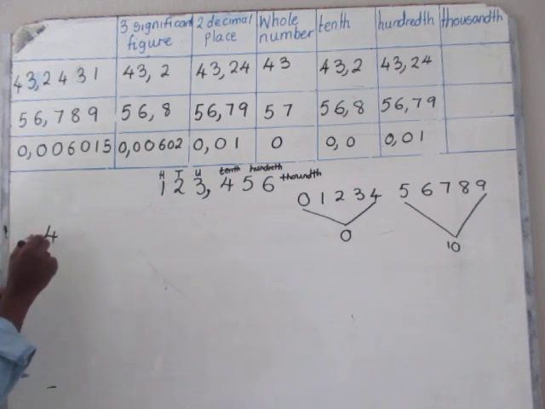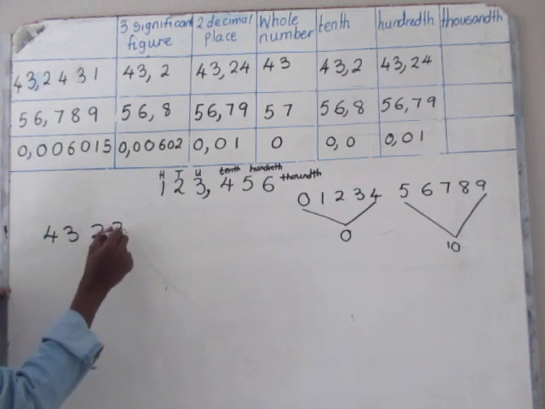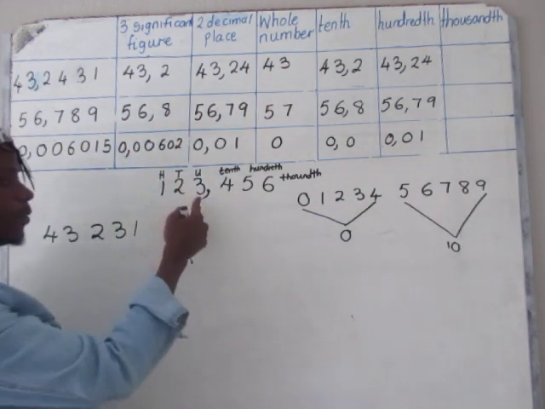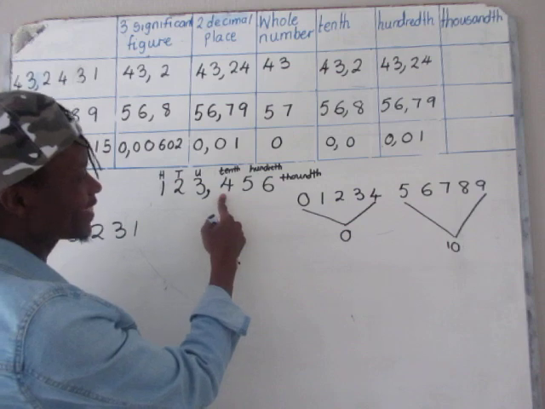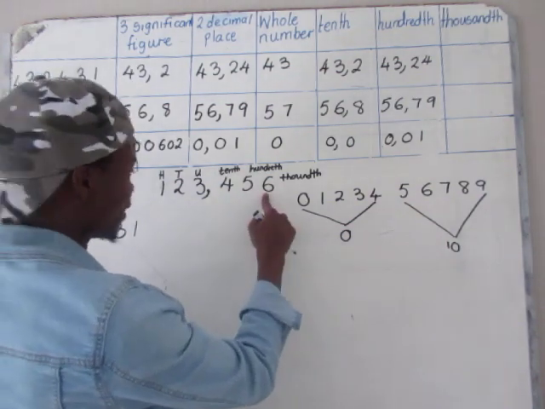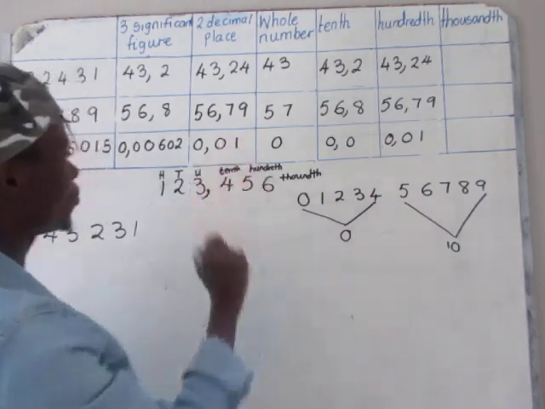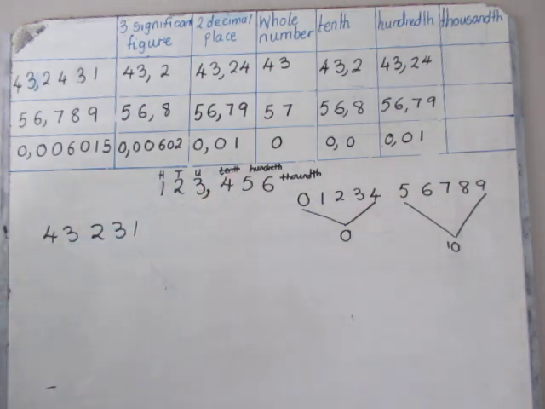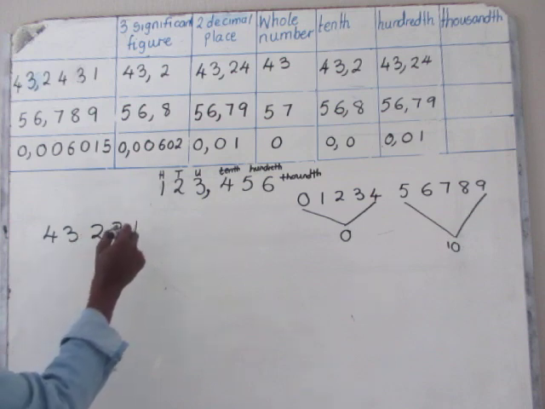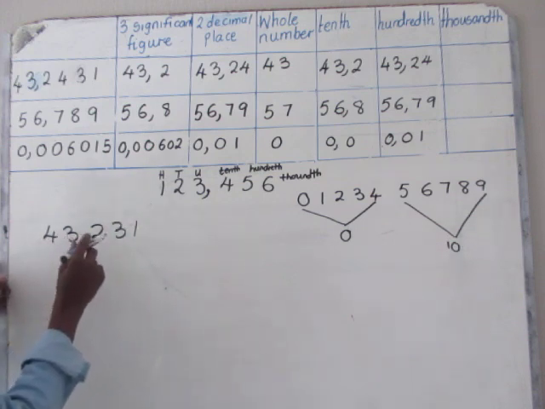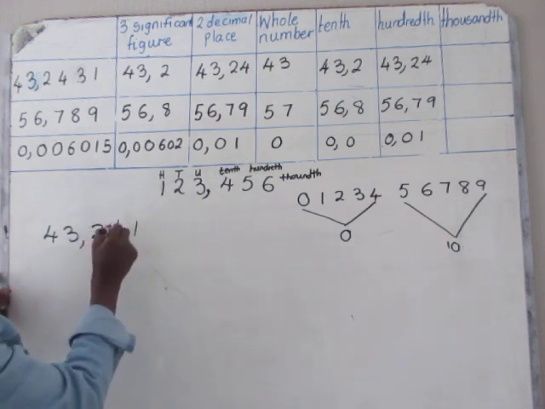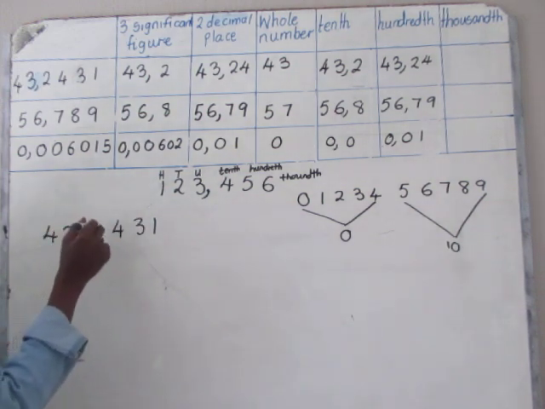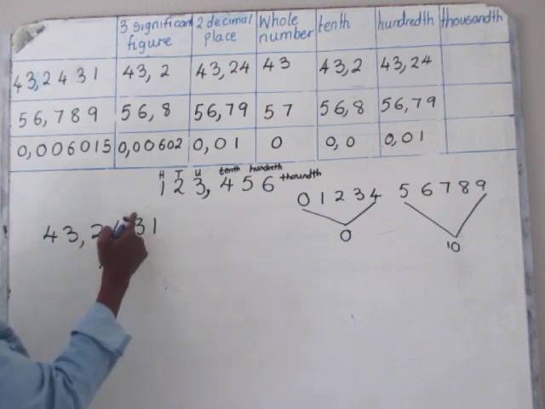So rounding 43.2431 to the nearest thousandth. Where is the position of the thousandth? Look at your comma. These are the tenth, hundredth, thousandth. So we want the thousandth, or the 3 numbers after the comma, isn't it? So we have 43.2431. So this is our tenth, hundredth, thousandth.